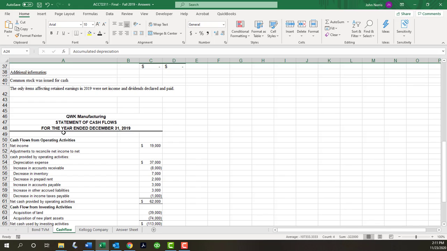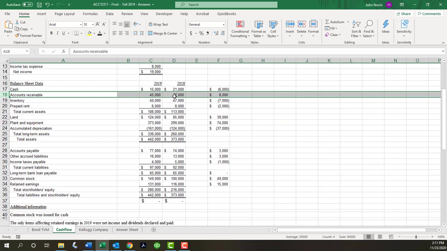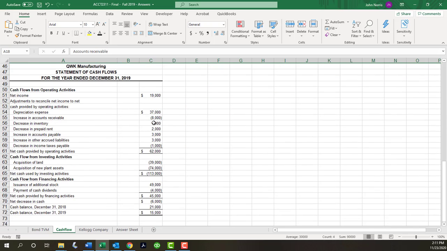As accounts receivable goes up, you see it went up by $8,000, increased from $37,000 up to $45,000. That decreases cash because if accounts receivable is going up, you're not getting paid. So that is a decrease in cash.